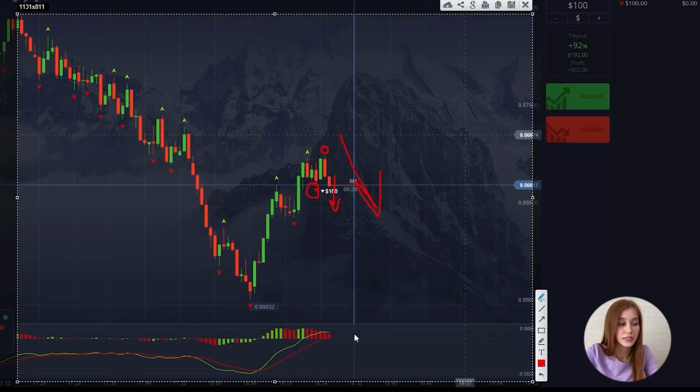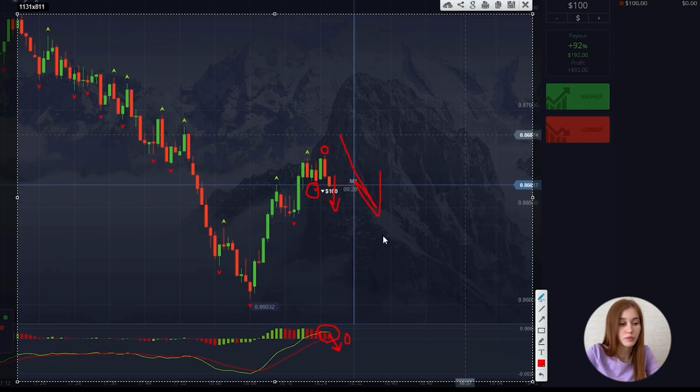That will indicate that the chart will move down. We also see by the MACD indicator that now the main line is above and it's directed to the side of the signal line. So it's about to cross it. And yeah, it's the sell signal.